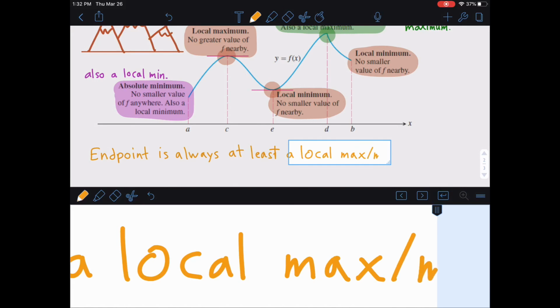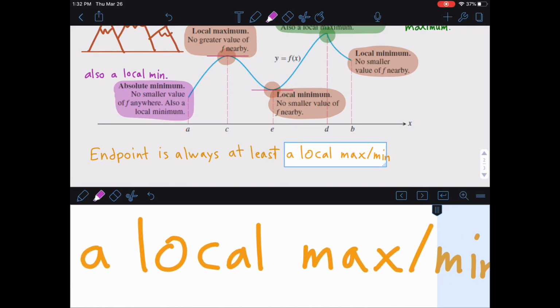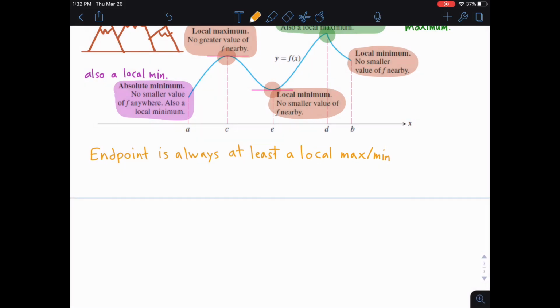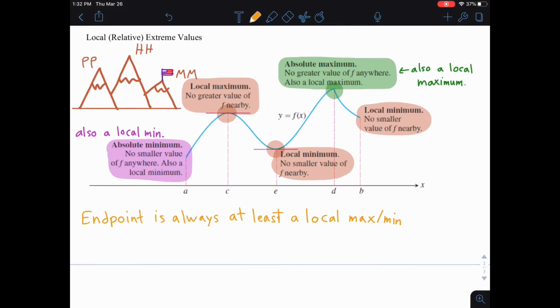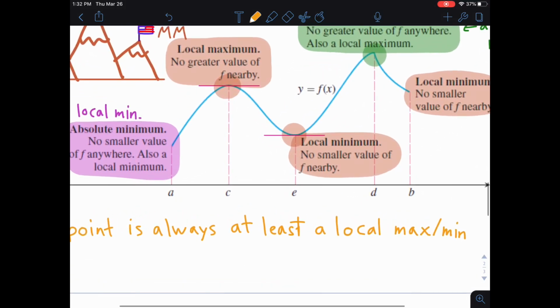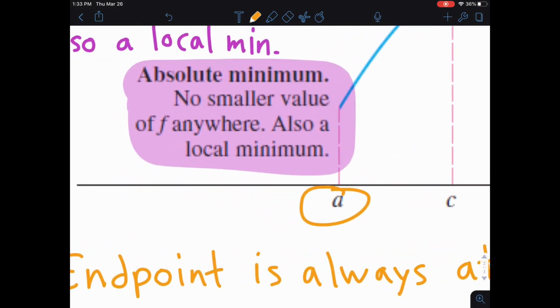An endpoint is always going to be at least a local max or a local min. So at x equals a and at x equals b, if you have any sort of endpoint, it's always going to be a local. And in the case of x equals a here, it also happened to be the absolute minimum.